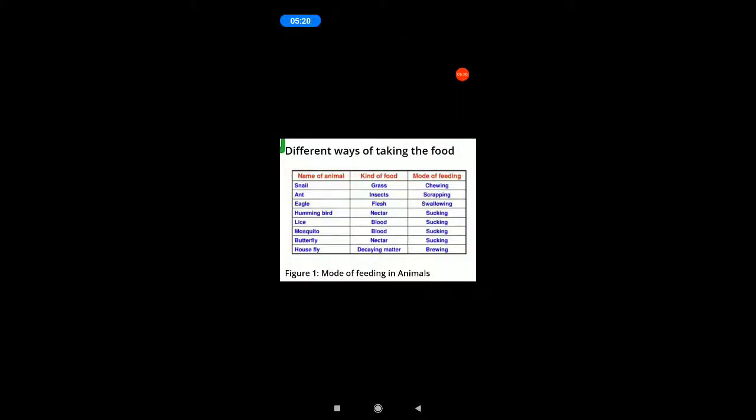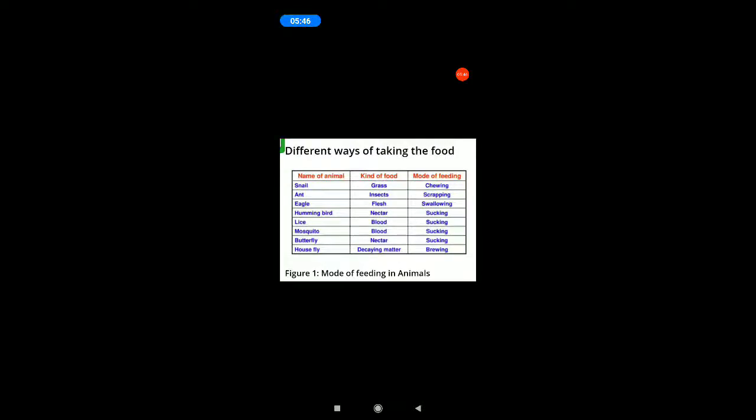Next, different ways of taking the food. Listen. Name of animal, kind of food, mode of feeding. First one, animal name, snail. The kind of food, grass. Mode of feeding, chewing.